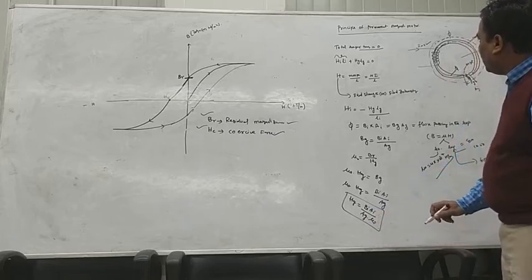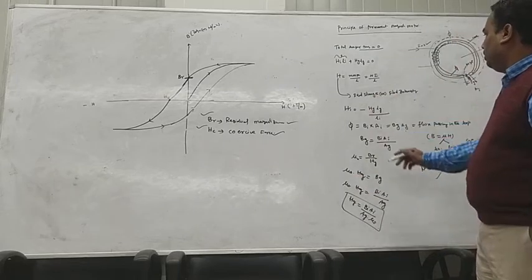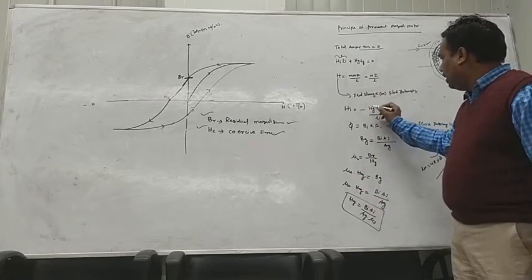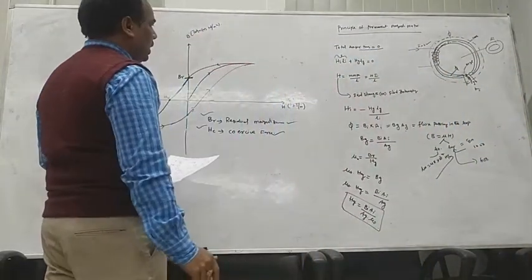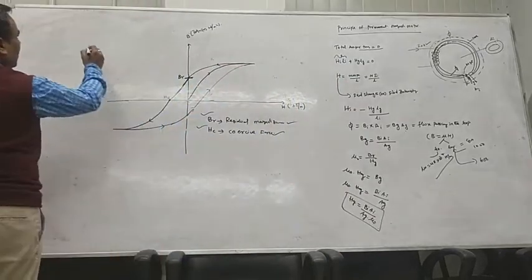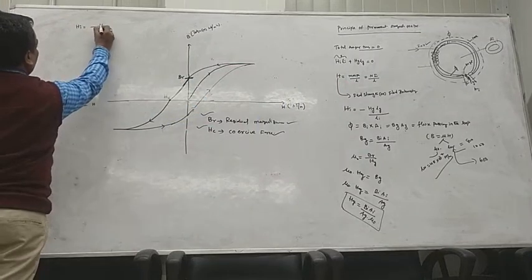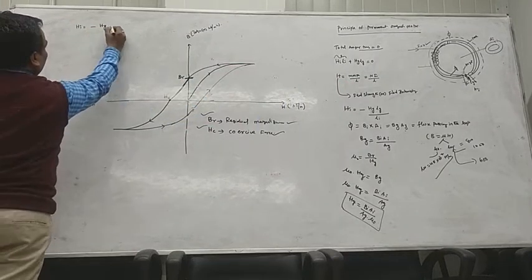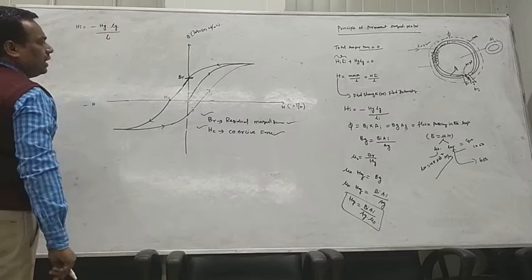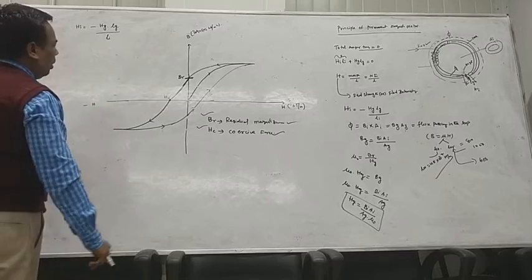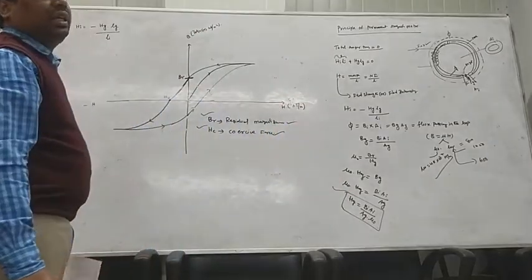Now if you substitute this Hg value, it will be different. You know that Hi is equal to minus Hg into Lg divided by Li. Now you substitute the Hg value here, which is the field intensity of the air gap.